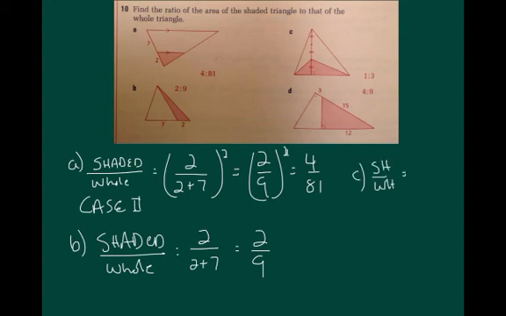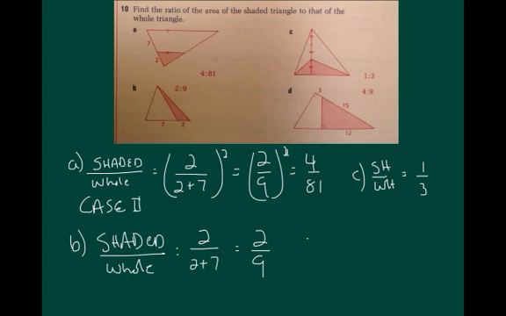Letter C is also like case 3. They don't share a height, but clearly the shaded triangle and the whole triangle share the base. So I'm going to compare the heights. And the height of the shaded triangle is 1/3 the height of the unshaded or the whole triangle. So the ratio of the areas is 1 to 3.